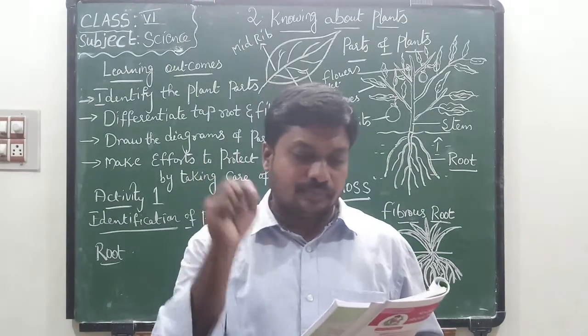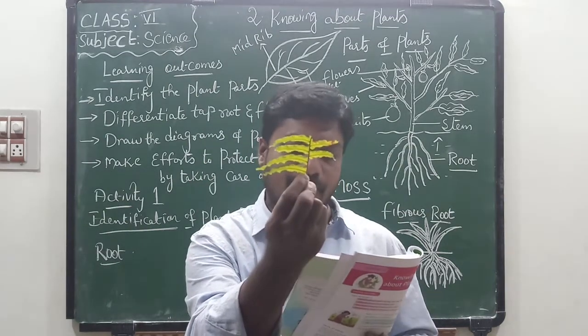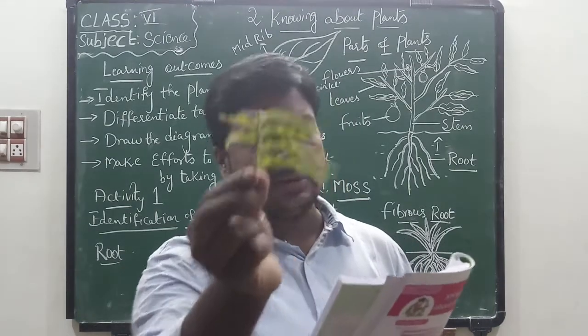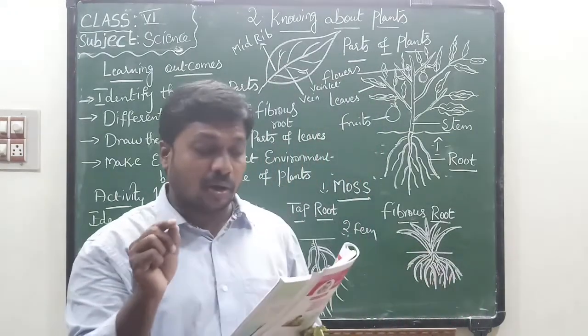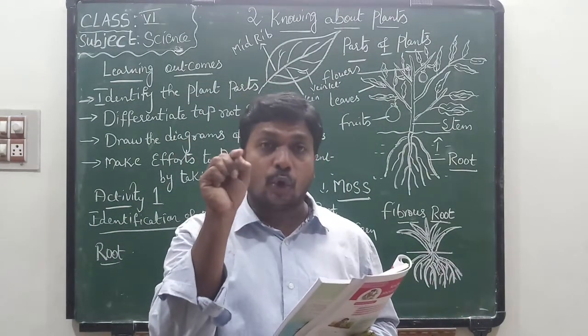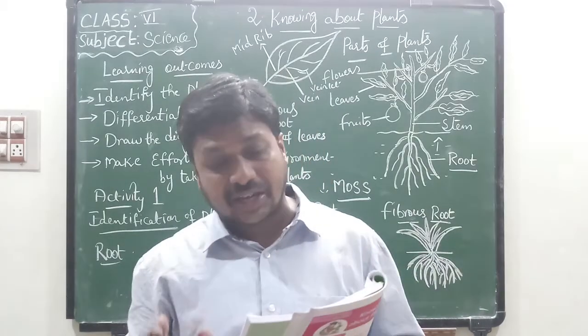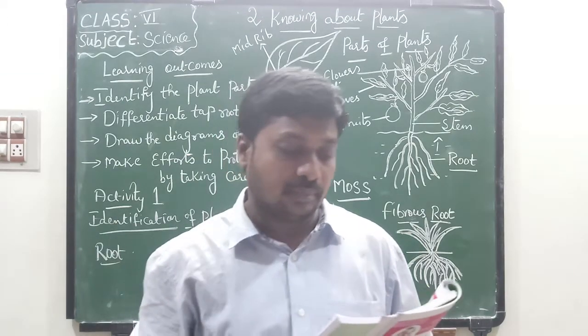Keep yes. They have stem. So these are leaves. They have leaves, but they do not have flowers. Write down last, you have to write no. Fern plant has roots, stem, leaves, but does not have flowers.